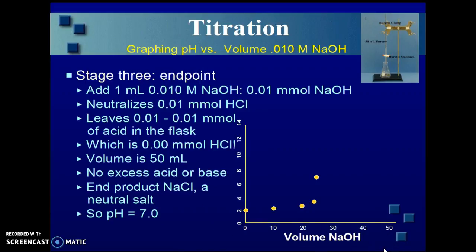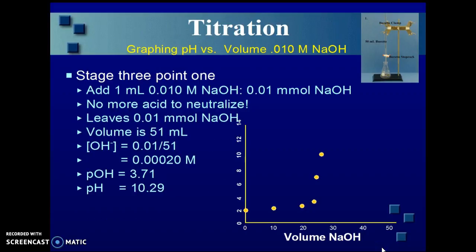You see that sharp upturn in the pH that's taken place here, roughly 3 or 4 pH units with just 1 milliliter. Now at stage 3.1 we're going to add 1 milliliter of the base.